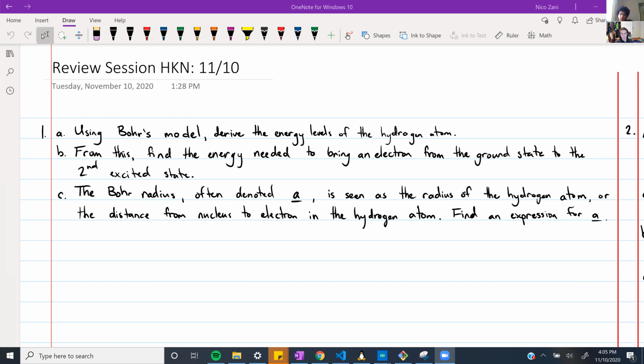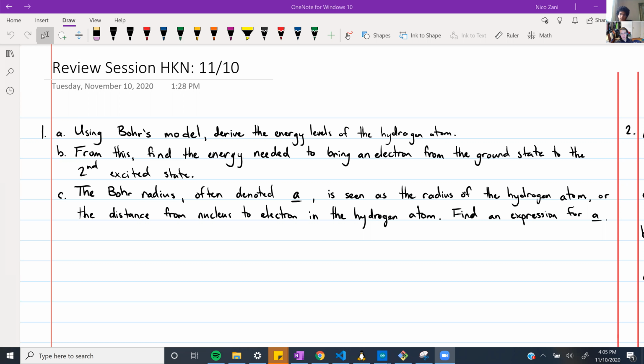This is something that you probably did in class. And then after that, you're just going to find the energy between the ground state and the second excited state. And then the Bohr radius is seen as the radius of the hydrogen atom, or the distance from the nucleus to the electron in the hydrogen atom. And then the idea would be to find an expression for that radius, specifically in the hydrogen atom.